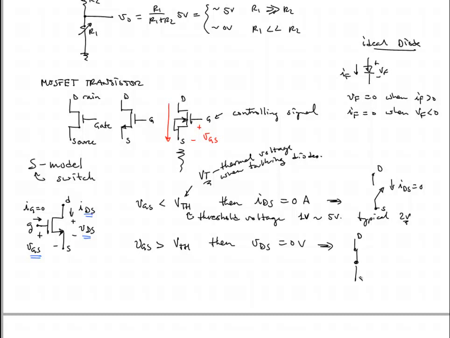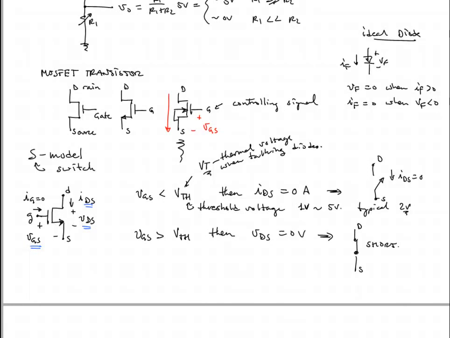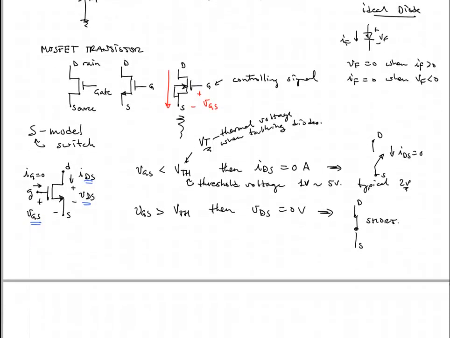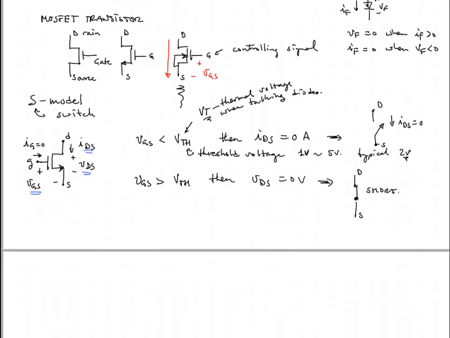So we have a short. It's a controlled switch. Now, when it's shorted, it has no resistance, and when it's open, it has infinite resistance.